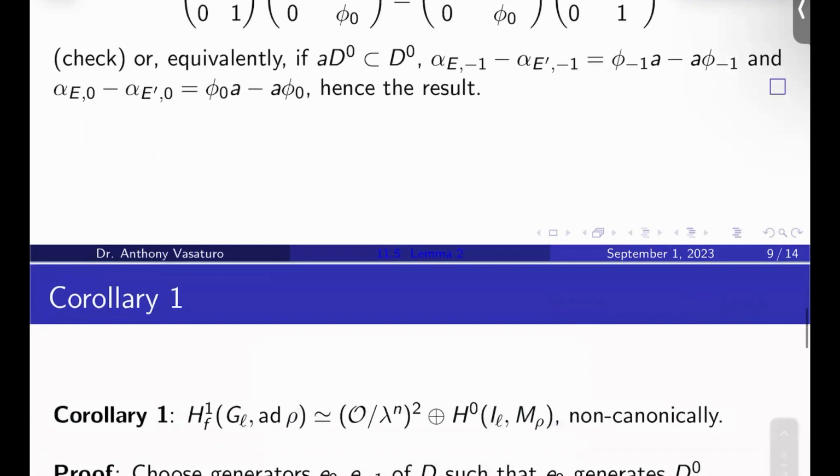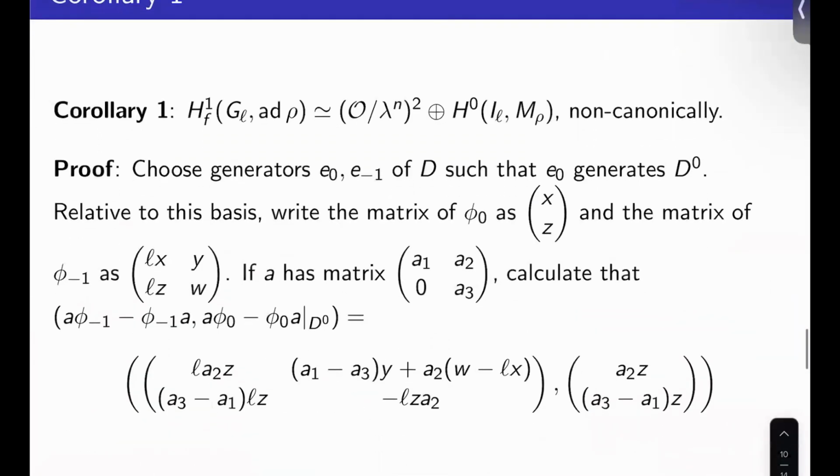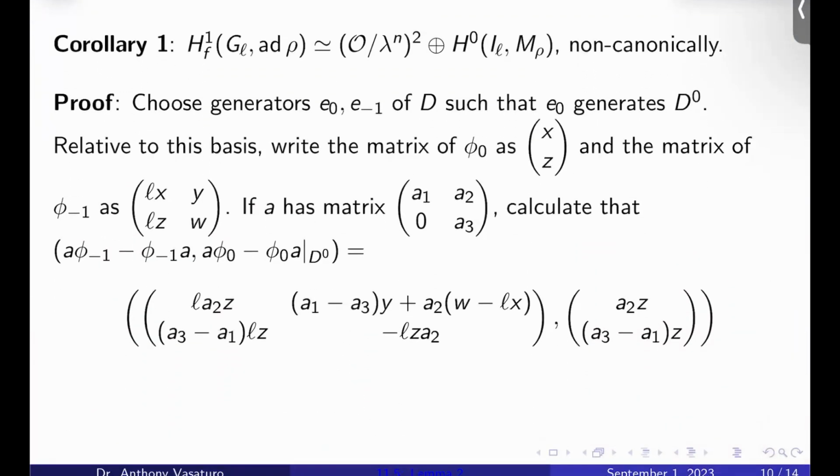Okay, so here's what we really want to get to. The first corollary of this discussion is that H1 of F TL add rho is isomorphic to (O mod lambda) to the n squared direct sum H0 of IL M rho, non-canonically. And the proof is as follows. It's just some brute force algebra and linear algebra again.